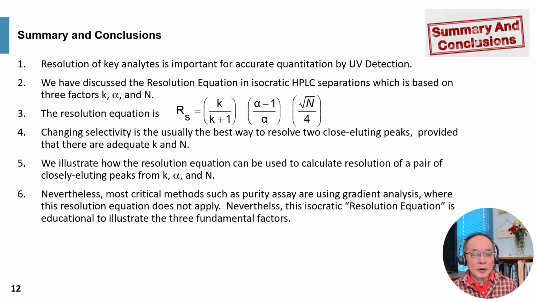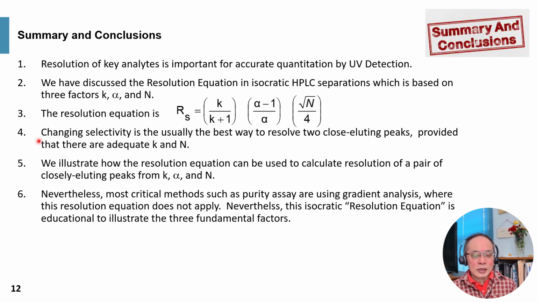Here is my summary and conclusion. First, resolution of the key analyte is important for accurate quantification by UV detection. Number 2, we have discussed the resolution equation. Note that this is only appropriate under isocratic HPLC conditions, and it's based on three different factors: retention factor, selectivity, and column efficiency or plate count.